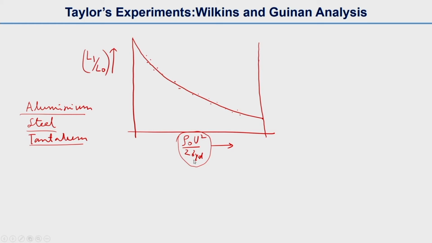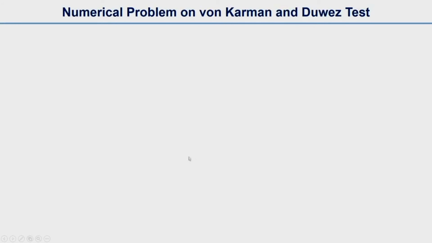So with that we are finishing this analysis part, and then we will have some problems on this and the plastic wave propagation. So the first problem we will work on is on von Karman and Dewey's test.